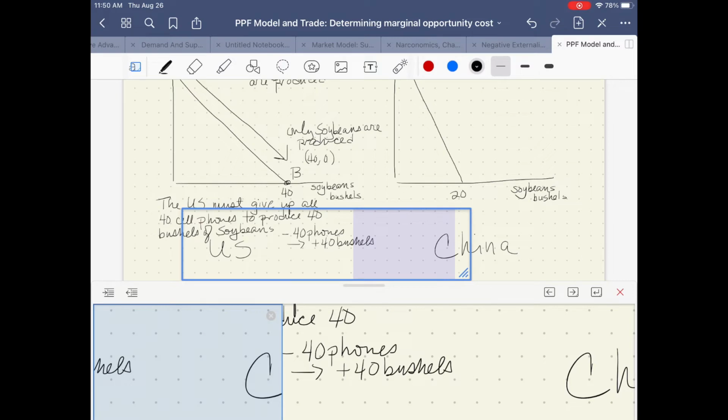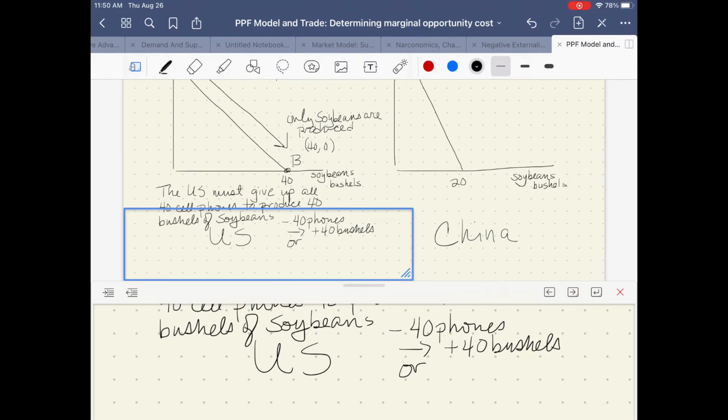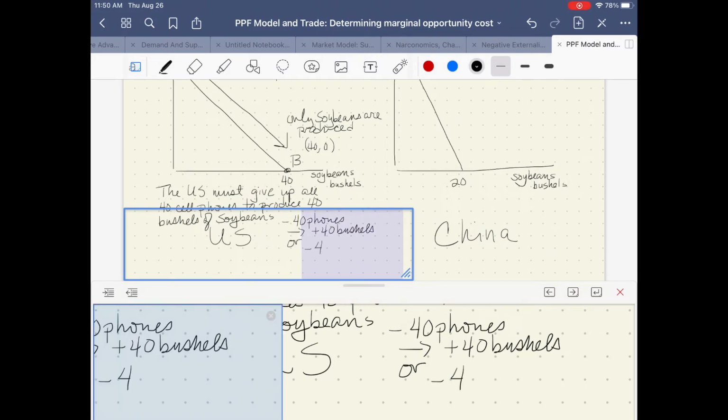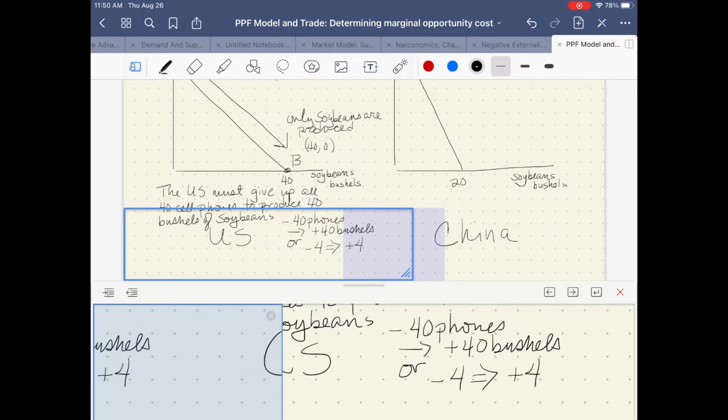That's the total opportunity cost of 40 bushels. If we simplify this a little bit, we just divide by 10, right? So minus 4 plus 4: if we give up 4 phones, we're able to produce 4 bushels of soybeans.